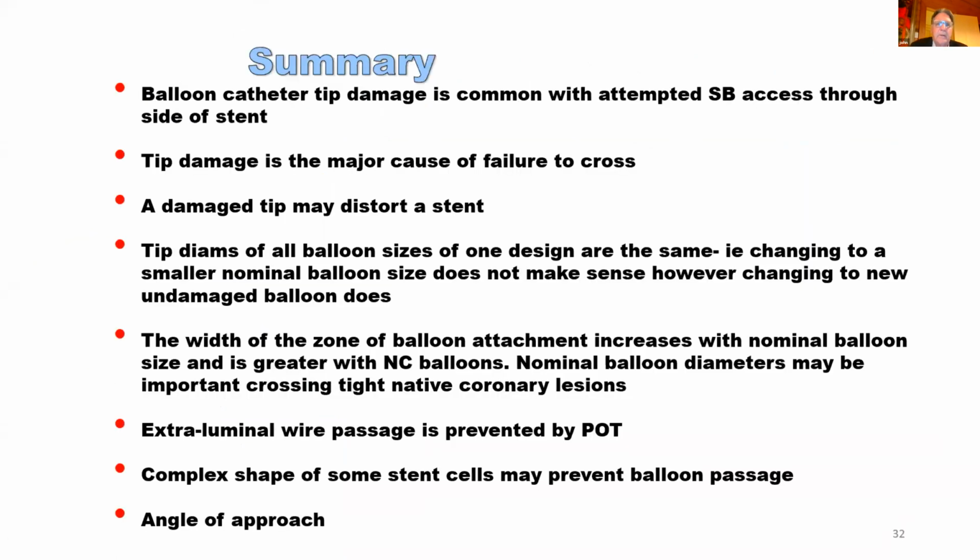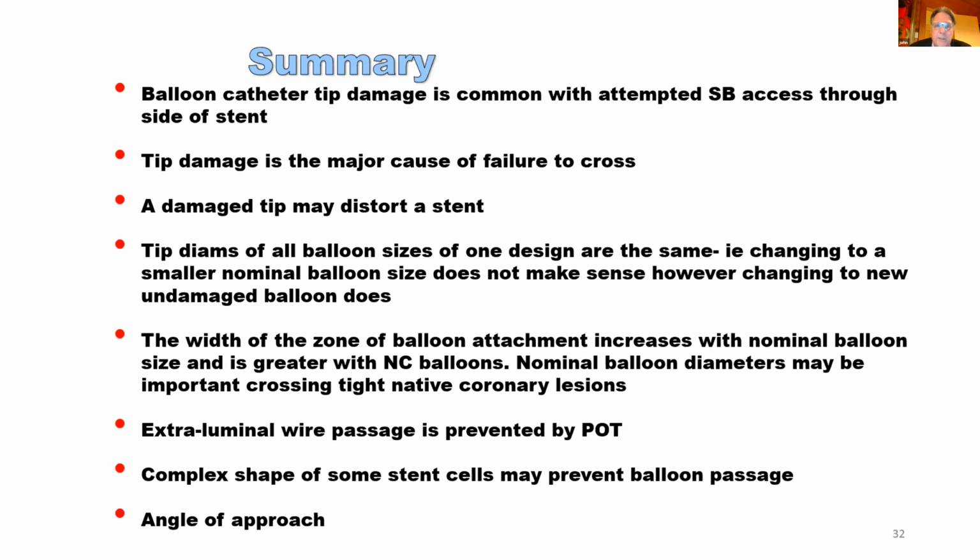So in summary, balloon catheter tip damage is common with attempted side branch access. Tip damage is a major cause of failure to cross the side branch, which is essential in bifurcation stenting. A damaged tip may distort a stent. Tip diameters of all balloon sizes of one design are the same.